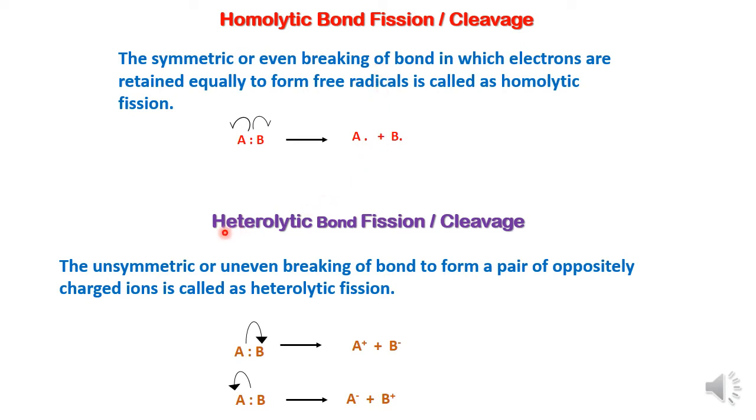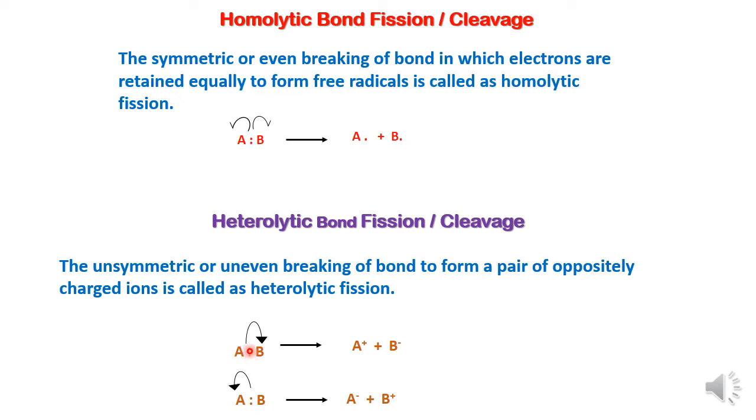Coming to the next point, that is heterolytic bond fission or heterolytic bond cleavage. It is opposite to homolytic bond fission. This is the unsymmetric or uneven breaking of a bond to form a pair of oppositely charged ions, called heterolytic fission. Now suppose there is a bond between A and B. Two electrons are present in this chemical bond.